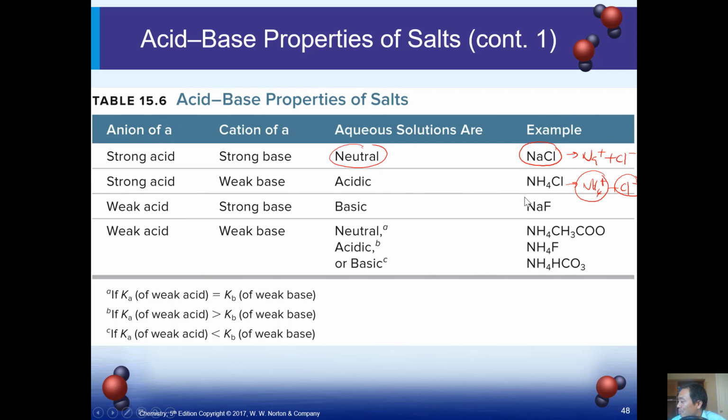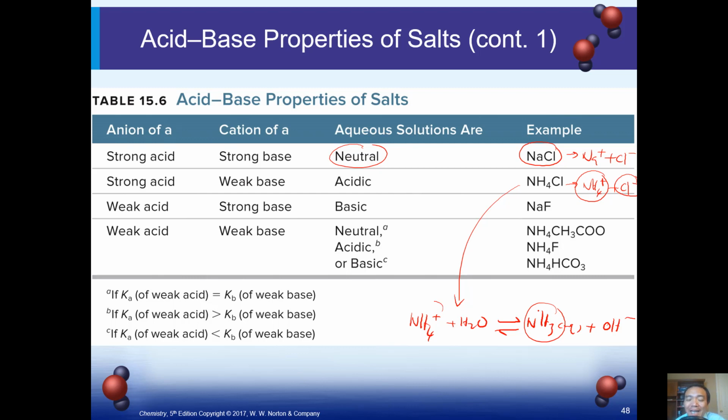Why? Because when you write this equation, NH4 plus reacts with water, and then you will generate NH3 and hydronium. You see that? This has an equilibrium because NH3 is a weak base.